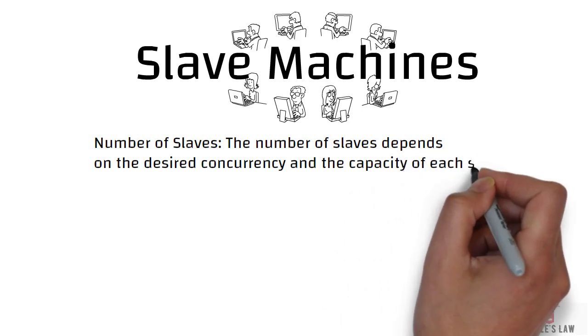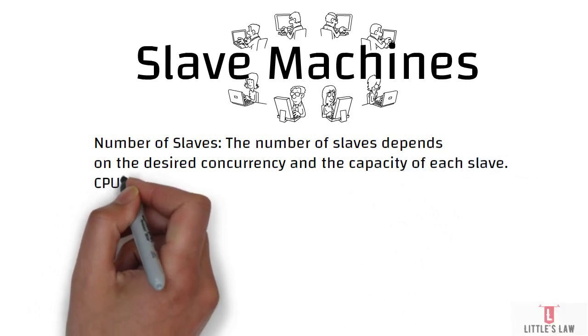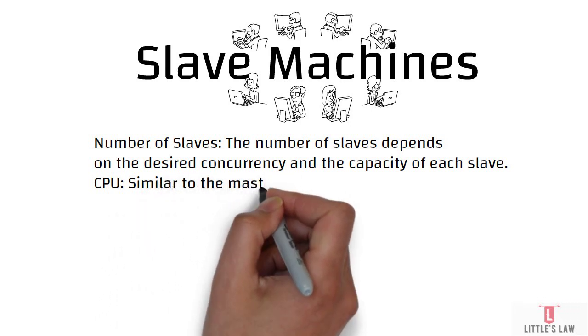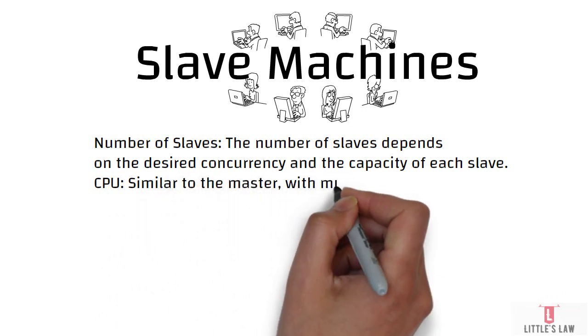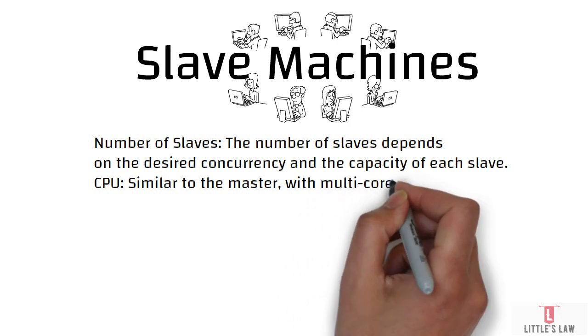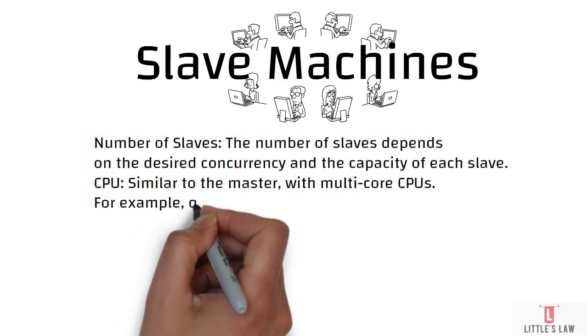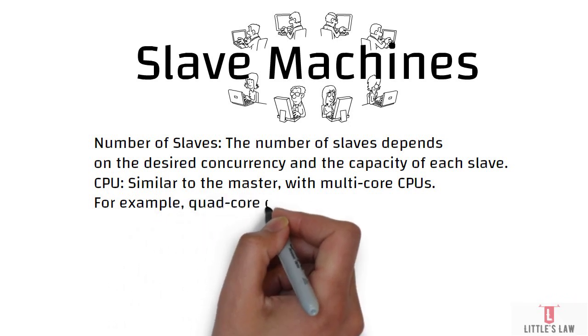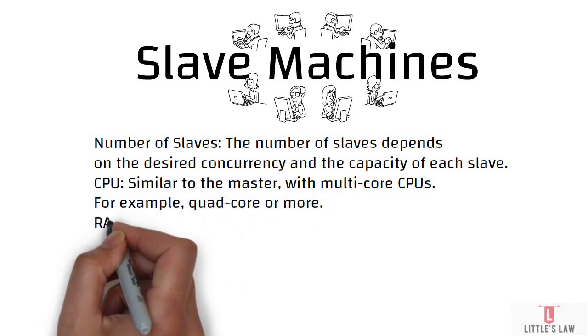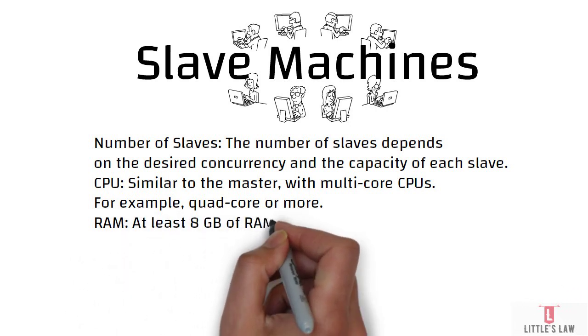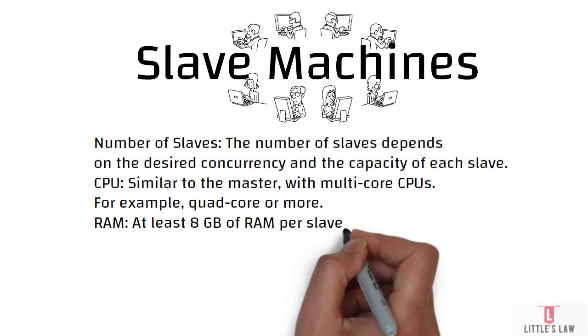For example, if you want to simulate 1 million users and each slave can handle 10,000 users, you would need 100 slave machines, right? So you need 100 slave machines through which you can handle 1 million users, which is 100 times 10,000 users. Anyway, it's going to be a very big number, but as I told you, we are going to do this when I reach 1 million subscribers.